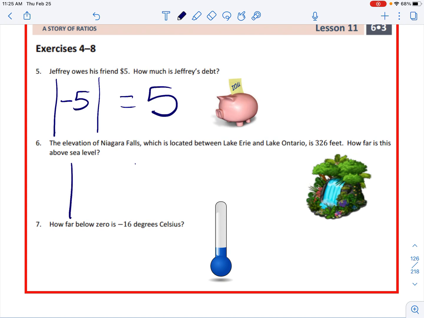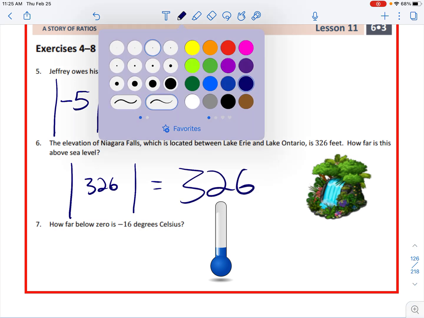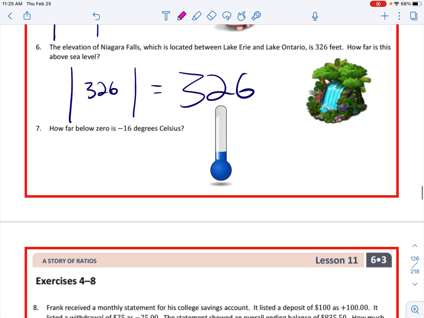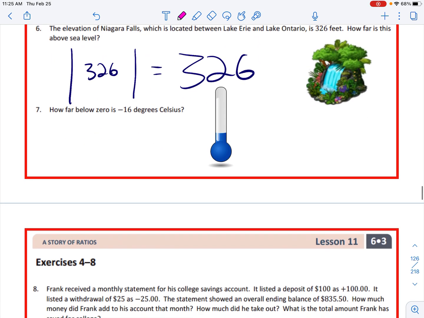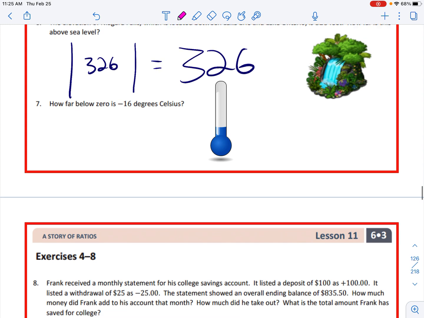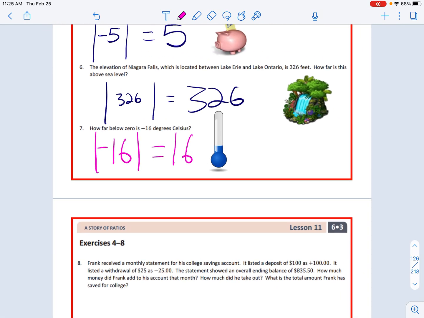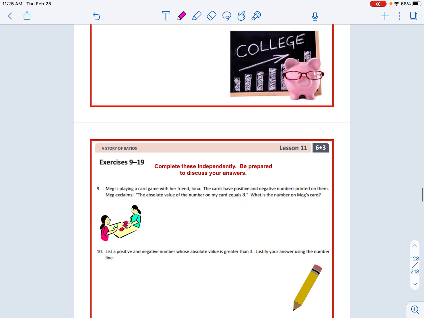So it's going to be the absolute value of 326 equals 326. And lastly, how far below 0 is -16? So all we're doing is the absolute value of -16, which equals 16. Hopefully you got those answers correct.